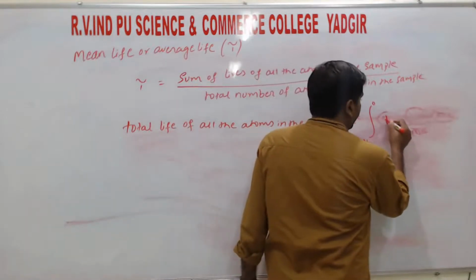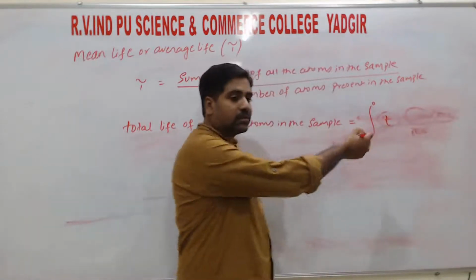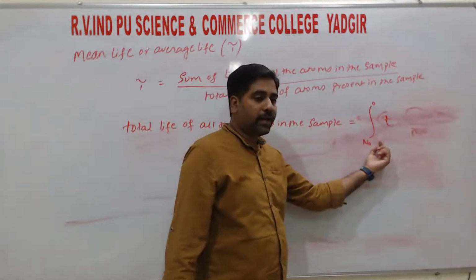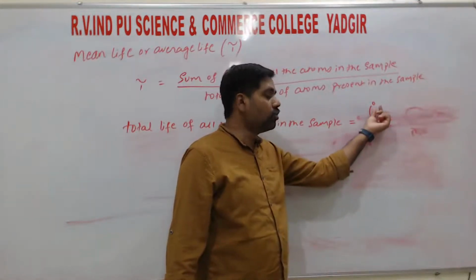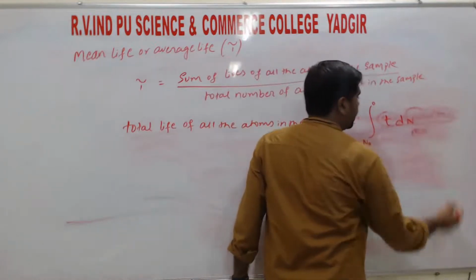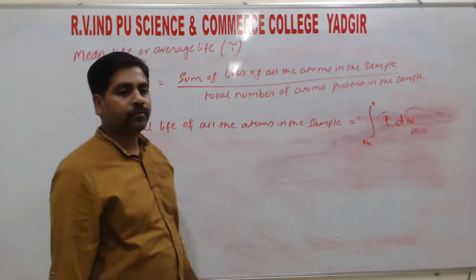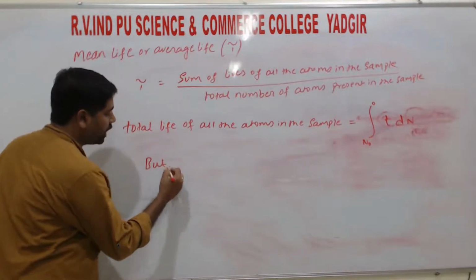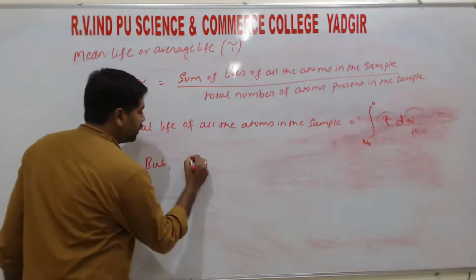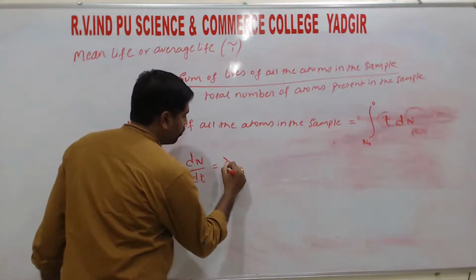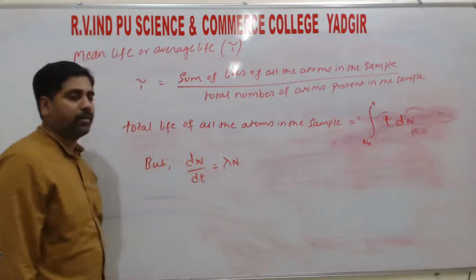Integration means the sum of all, that is summation. So the summation can be written in integral form, n naught to 0, t into dn, right? But we know that dn by dt equals lambda n.